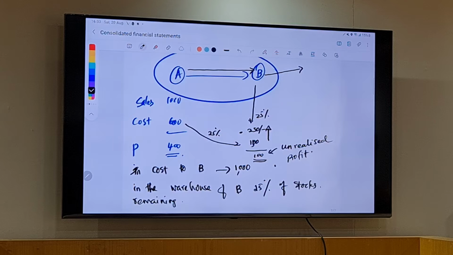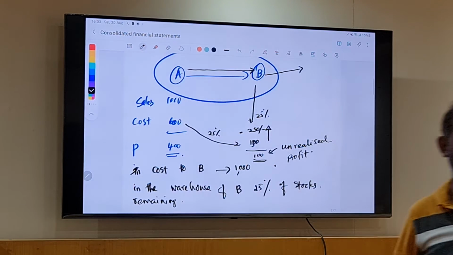unrealized profit. For the group, is it okay to say that my total profit, now that I sold 75%, is the profit that we are going to claim, 300? I mean, how much are we claiming in the books of A? What is my total profit I am claiming? 400.